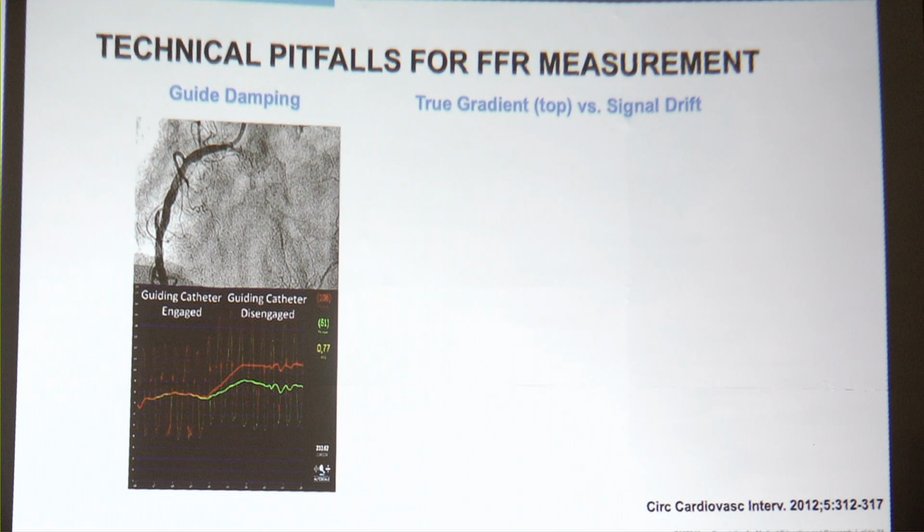This happens more often than you realize. You give the IV adenosine, you create this increased flow into the coronary, and that sucks the guide in. And once that happens, you actually get this ventricularized tracing, both distal and proximal. They're overlapped, and there's no gradient. FFR appears to be normal. You disengage the guide, and now you have a very abnormal FFR. So I think guide damping is a major issue.